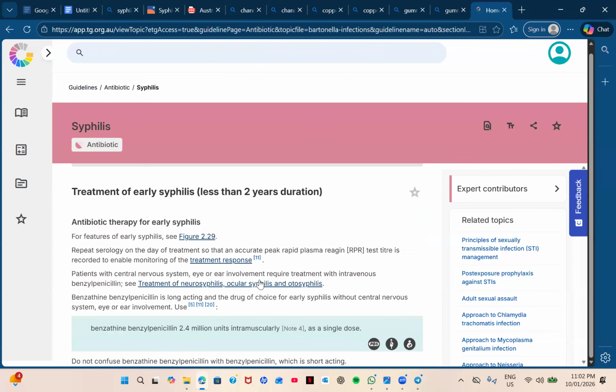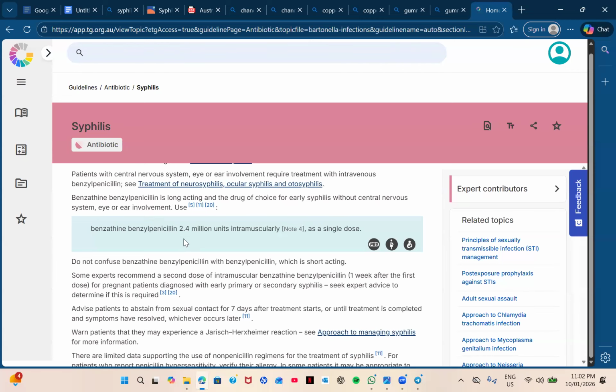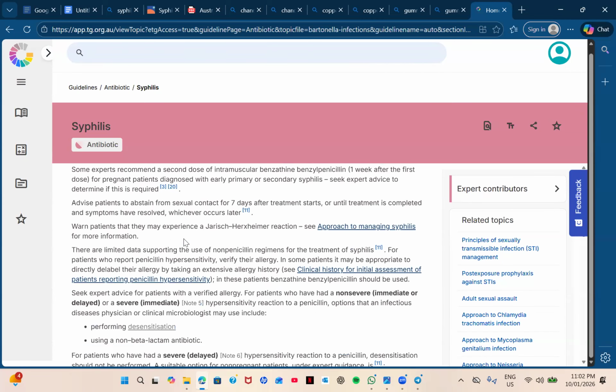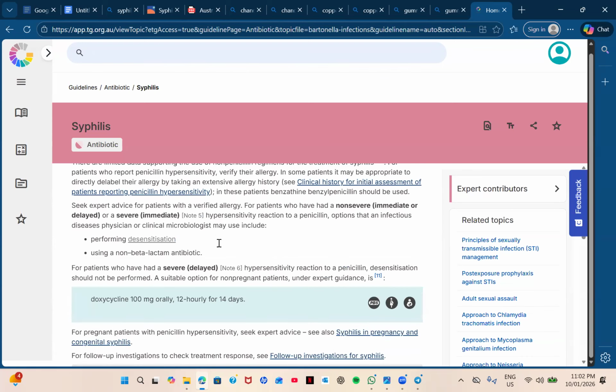Treatment for early syphilis, less than 2 year duration. So we know it's benzathine benzyl penicillin. Then we have to advise the patient to abstain from sexual contacts for 7 days after treatment start until treatment is completed and symptoms have resolved.